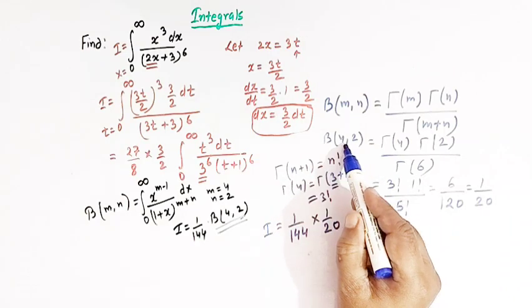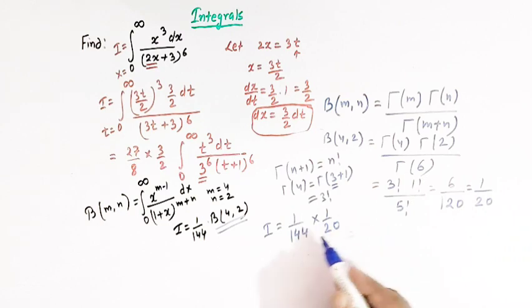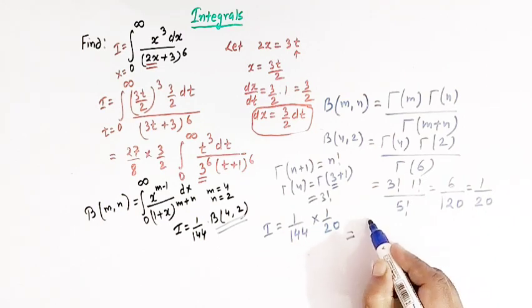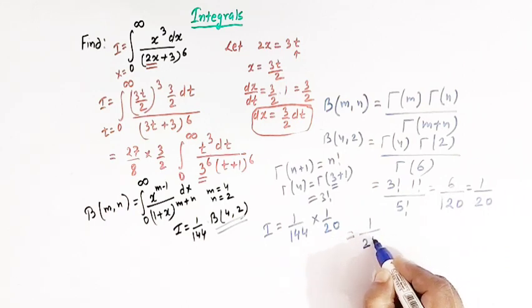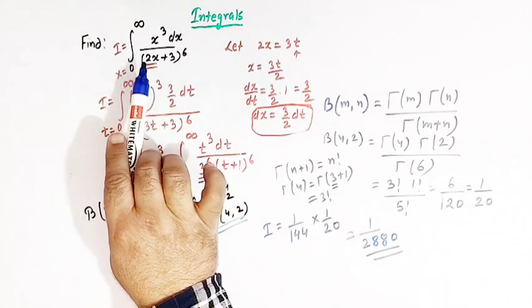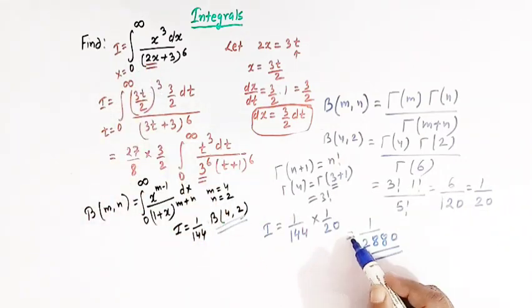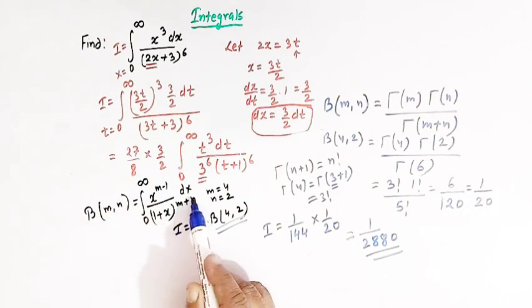So now we can multiply these two numbers and we get 1 over 2880, so the value of this integral is equal to 1 over 2880. So this is how, by making use of this definition of the beta and gamma functions, we can solve these kinds of integrals.